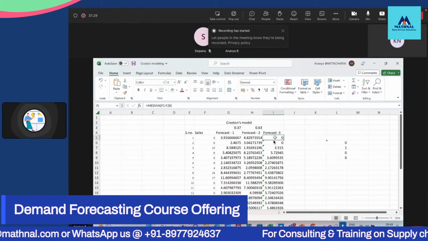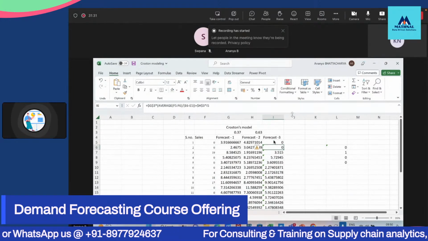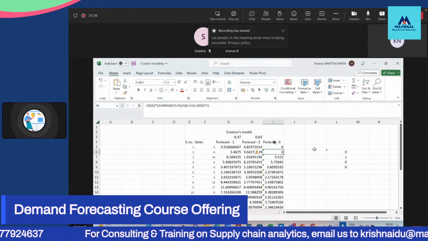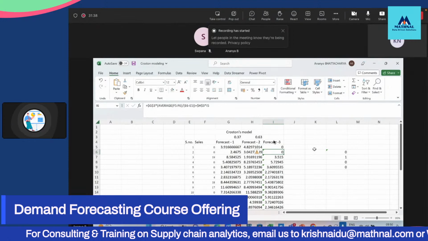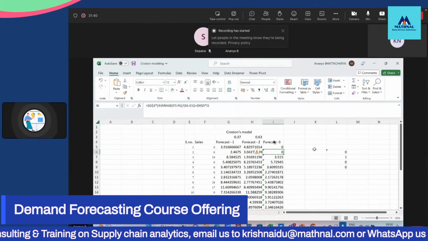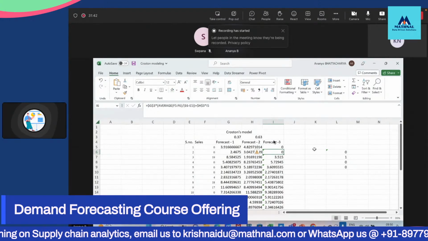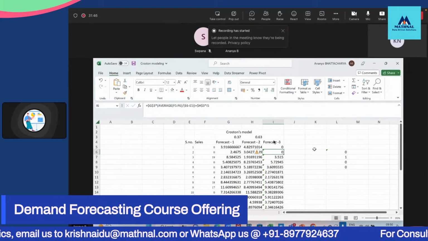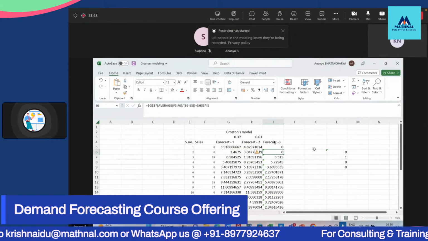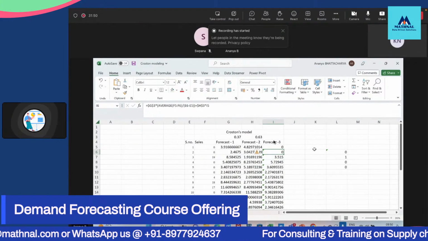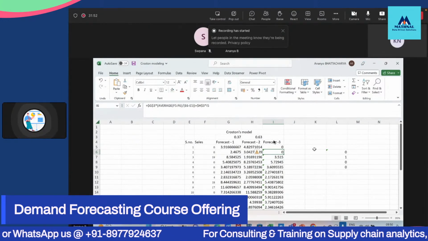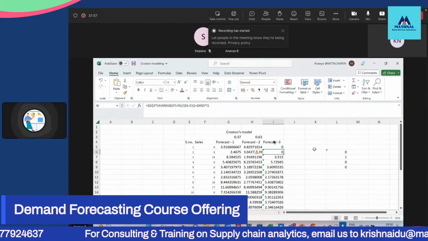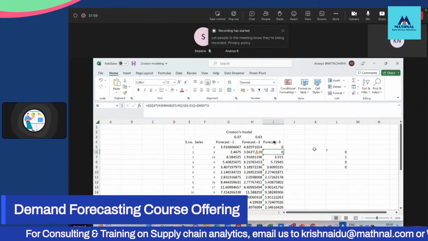Alpha is G3 into the average of the two period sales values divided by the time difference of the two sales values. This is the rate of sales which we did in the first model, before coming to Croston. So we are using the rate of sales as our first element of the first part where we are doing the smoothing or dampening.